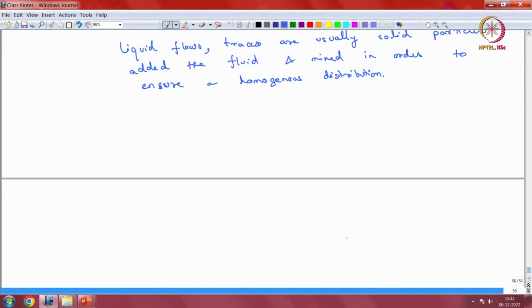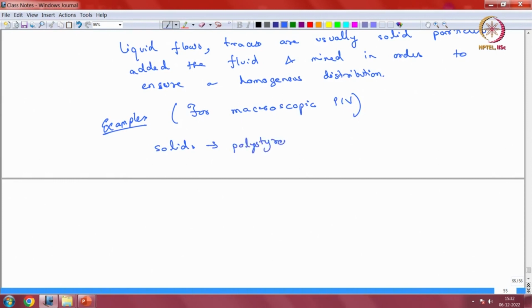Now, examples of this for macroscopic PIV. Examples for solids are polystyrene particles, sometimes between 10 to 100 micron.